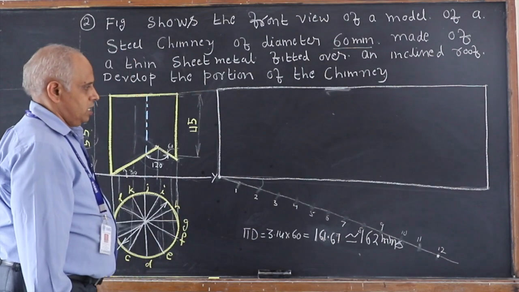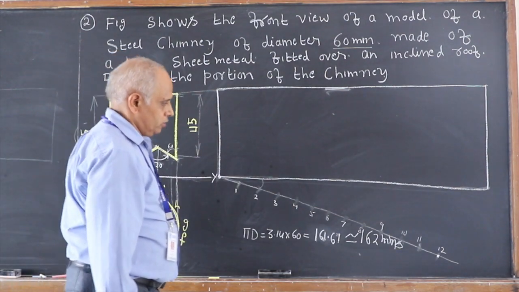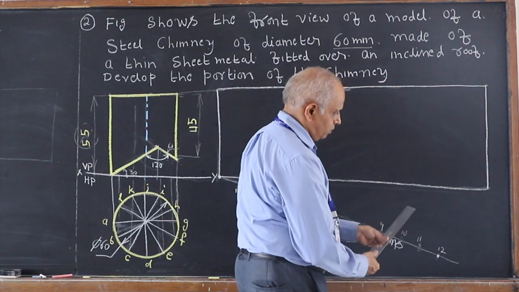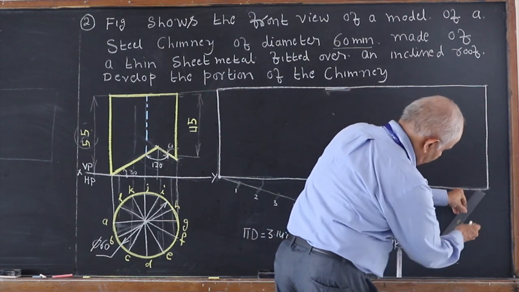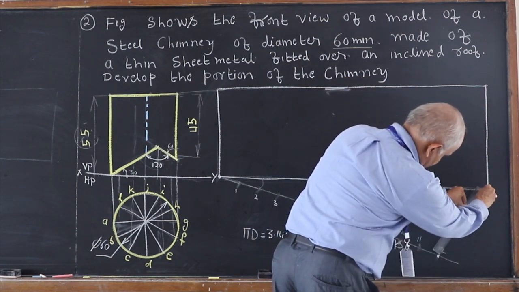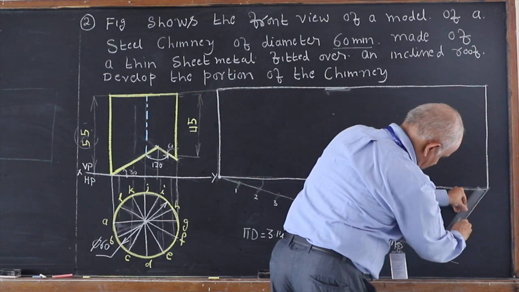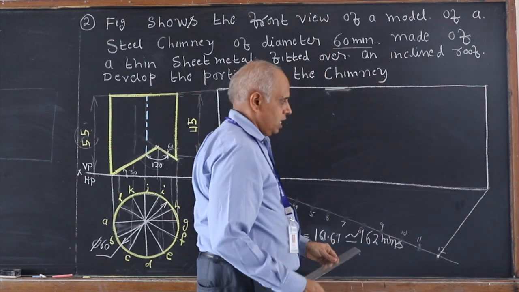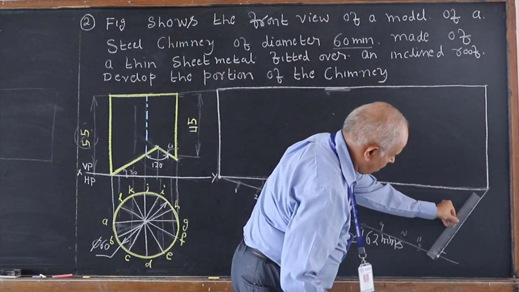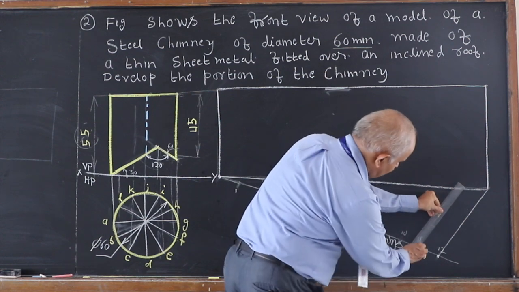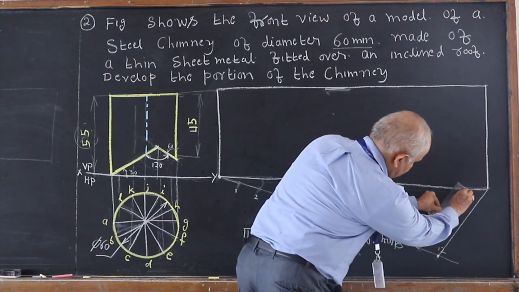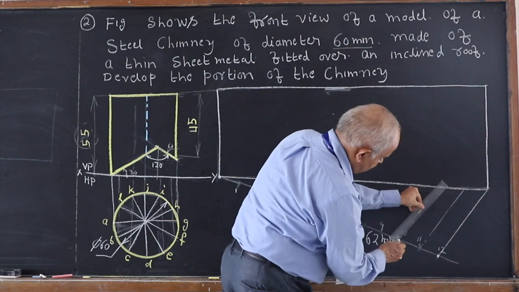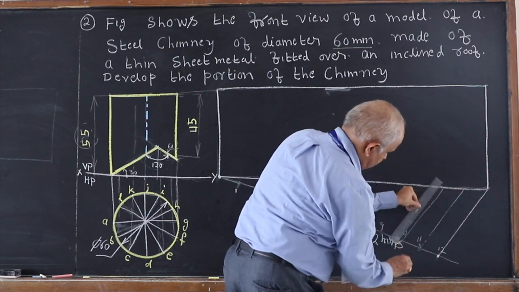Now once you do this, you need to just draw a line with your mini drafter scale aligned along this to the 12th division, to the end point of this development. You just draw this line and simply draw parallel lines to this from 11th division. If you do it, you get this line. From 10th, you get this line, like this.